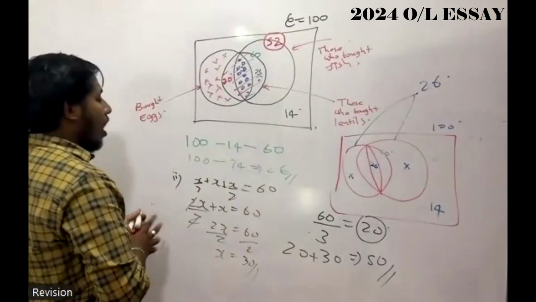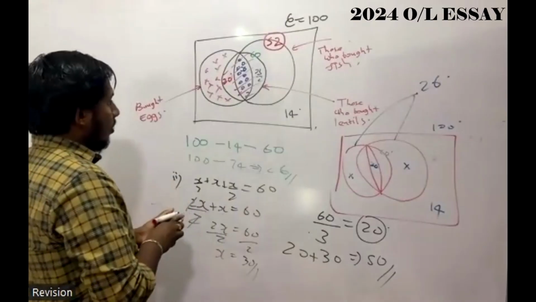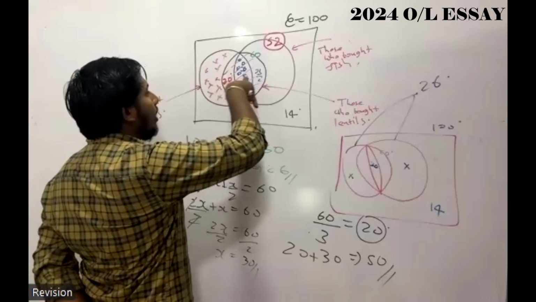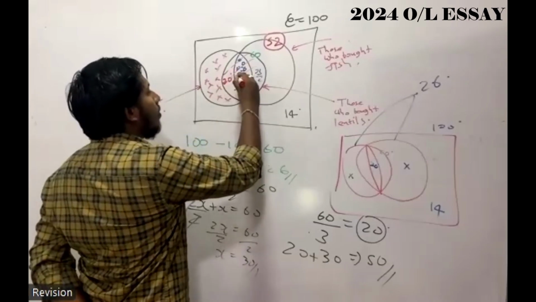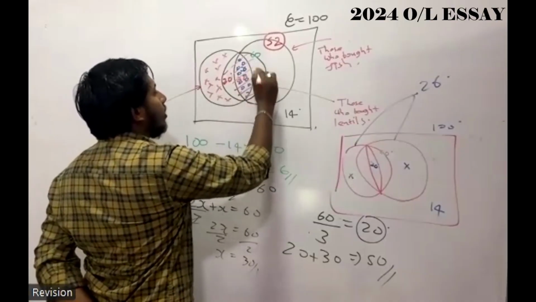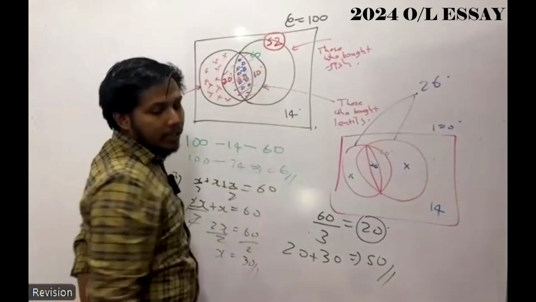From 52 you subtract 30 and then you have to subtract 10. How are you going to subtract 10? Because we know this is 20 and this is 30, altogether 60, so it's 10. You have to subtract this 10 also.